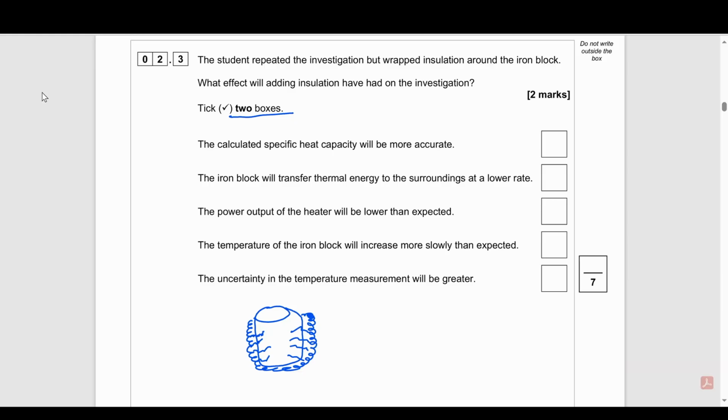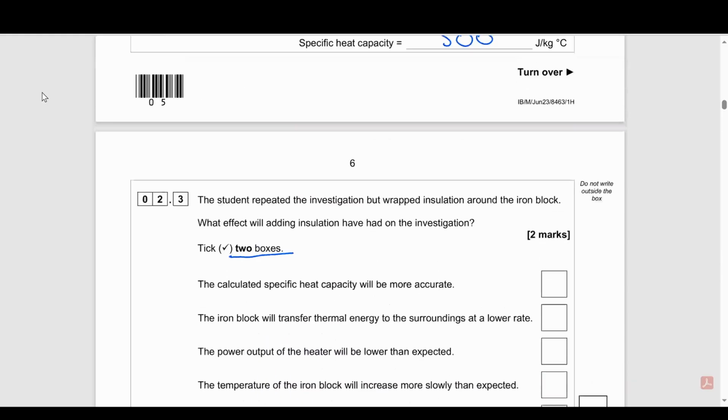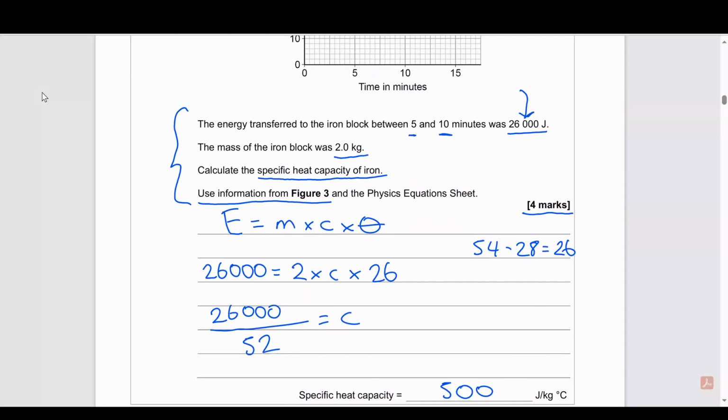So let's look through each of these statements and see which ones are supposed to be correct. So the first one says the calculated specific heat capacity will be more accurate. Well, let's think about our equation from our previous question now. We know that our equation is energy transferred equals mass multiplied by specific heat capacity multiplied by the temperature change. Now, what would happen if there was insulation?